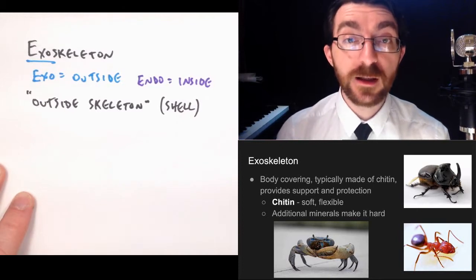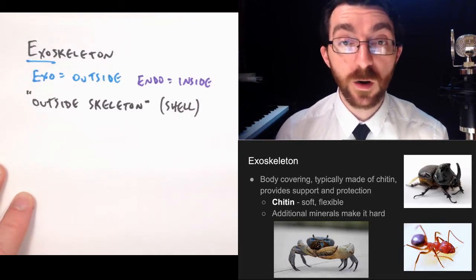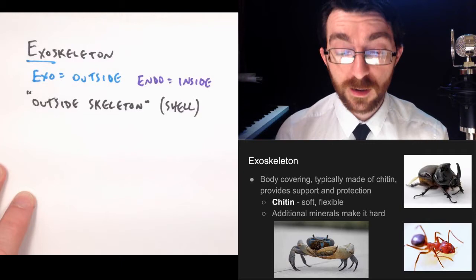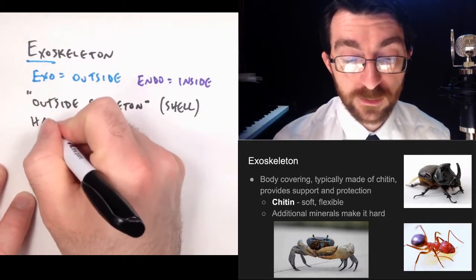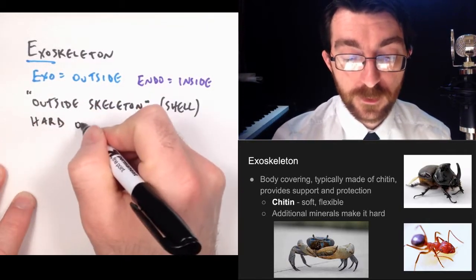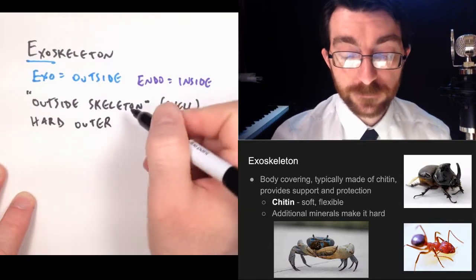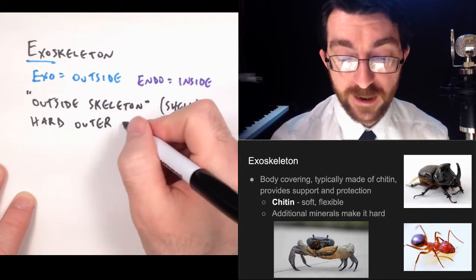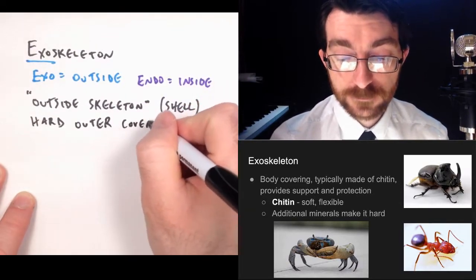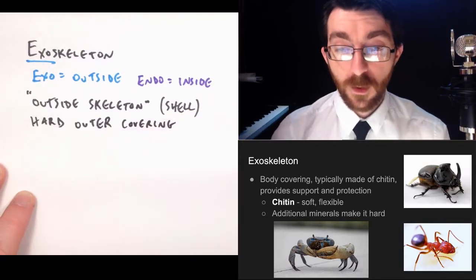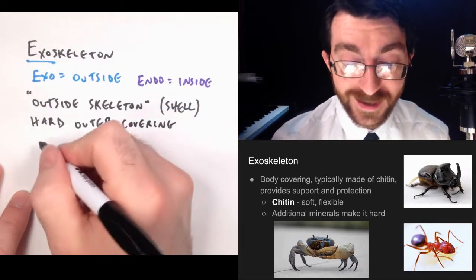Now, not shell in the seashell sense of the word. This is the hard outer covering that protects the soft, squishy bodies of the creatures that have them. Okay, and they are made of chitin.